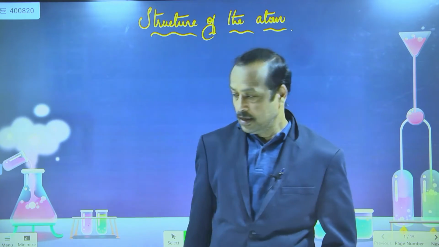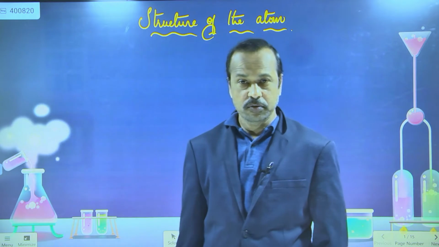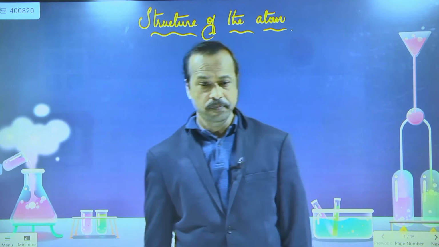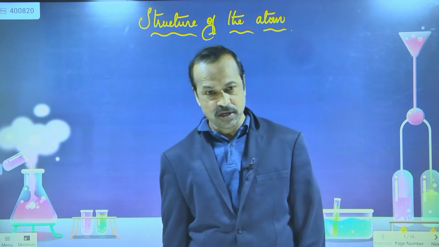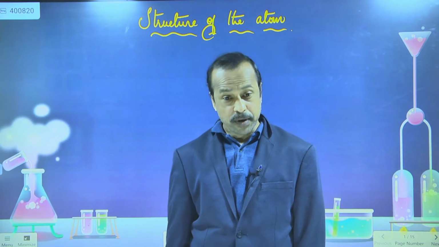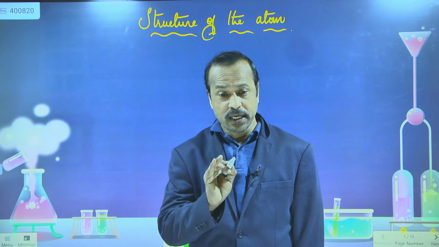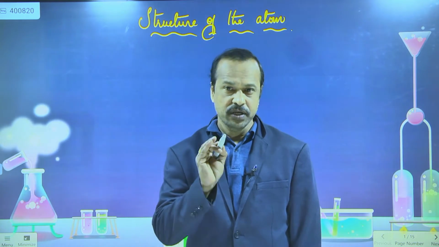Yes, sir. Right. So now I'm going to explain so many things to you in this atomic structure. Of course, now you are in the 9th class, so you also have a chapter like atomic structure and atoms and molecules, but only 10% of the atomic structure is there in your textbook.